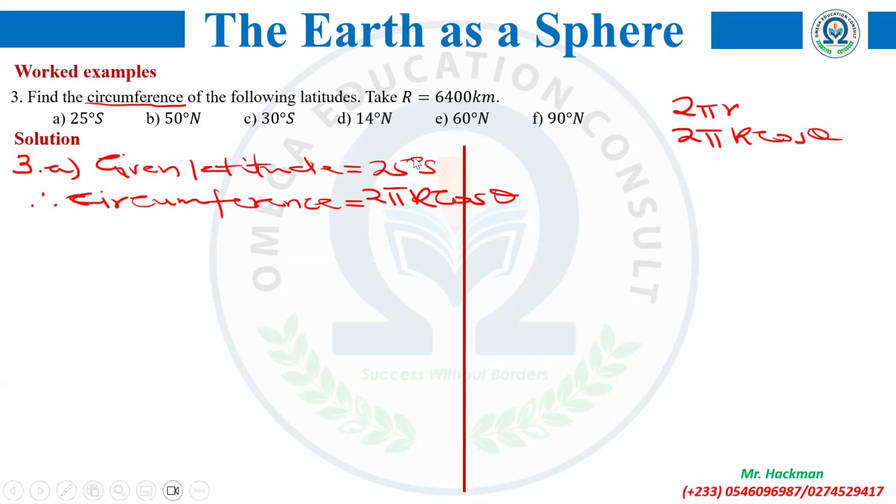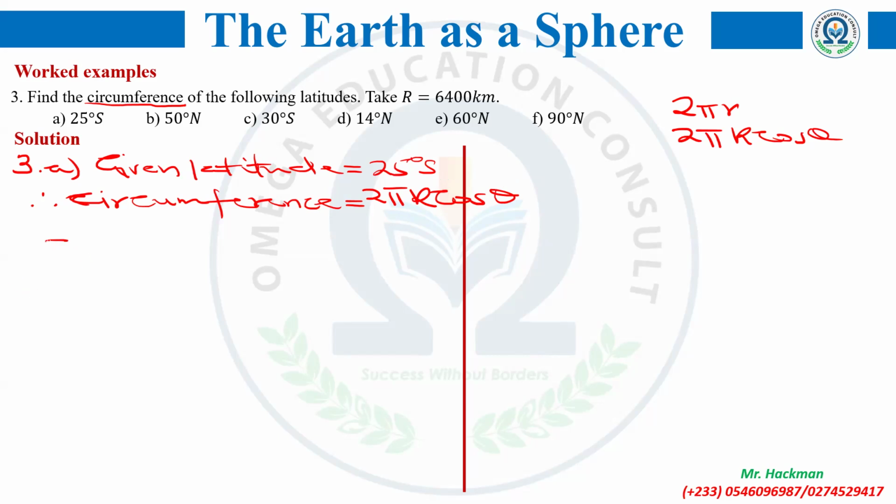And the r has also been given. Here you were not given pi. Once pi is not given, it means we want you to leave your answer in pi. Don't substitute pi to be 22/7 or 3.142. Is that clear? Leave your answer in terms of pi because the pi value is not given.